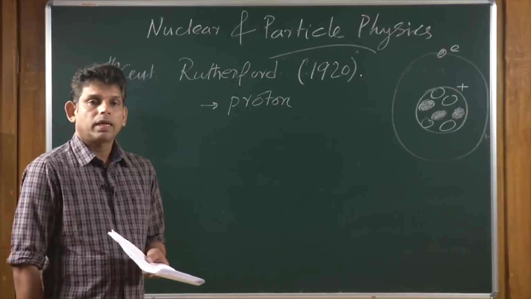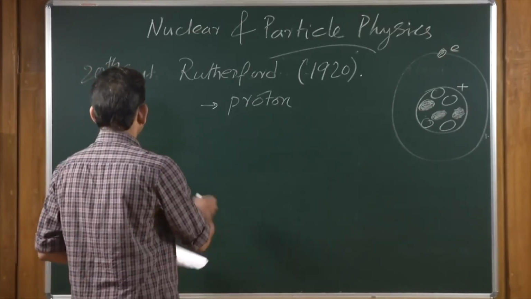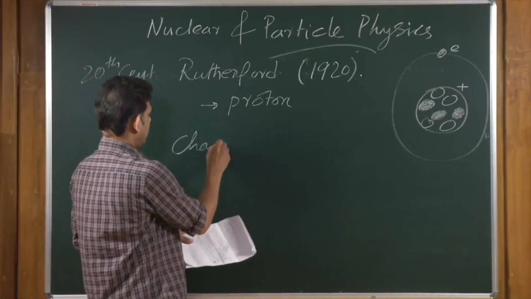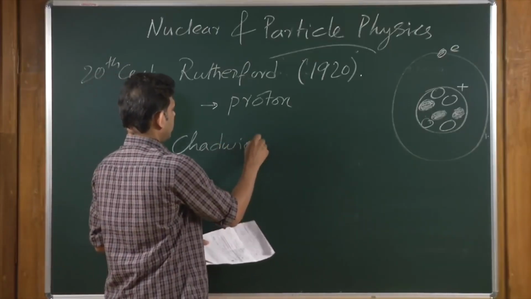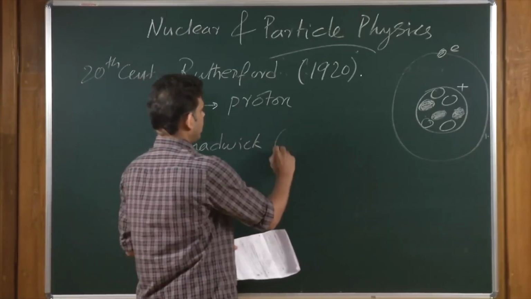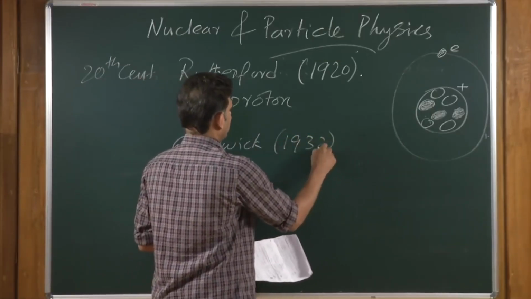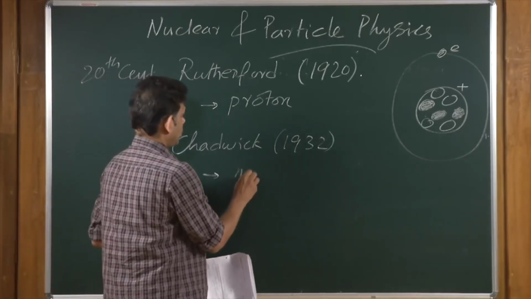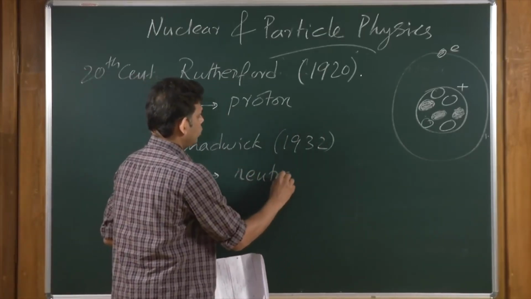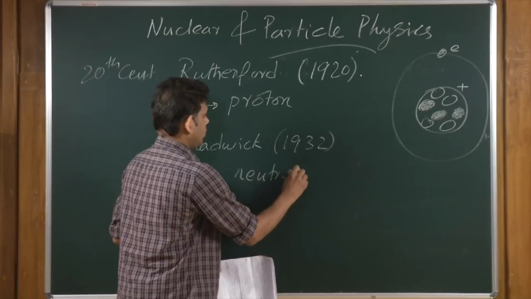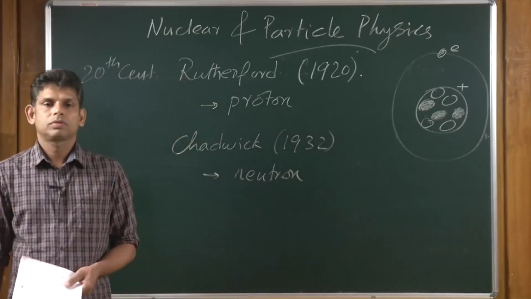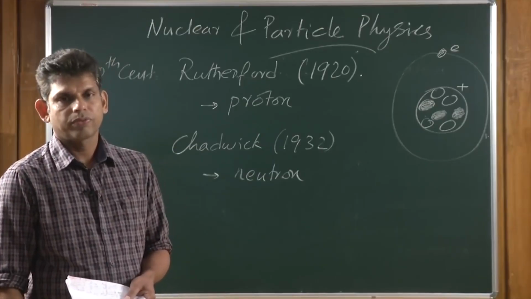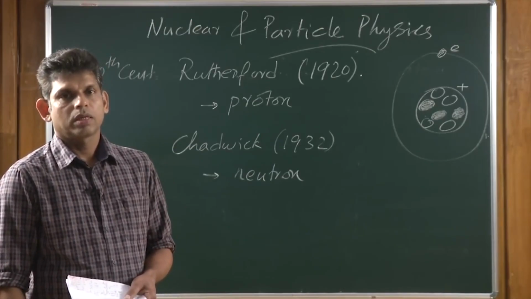That is one thing, and then later on other experiments led Chadwick to discover in 1932 another constituent, which is electrically neutral, present in the nucleus along with the proton.